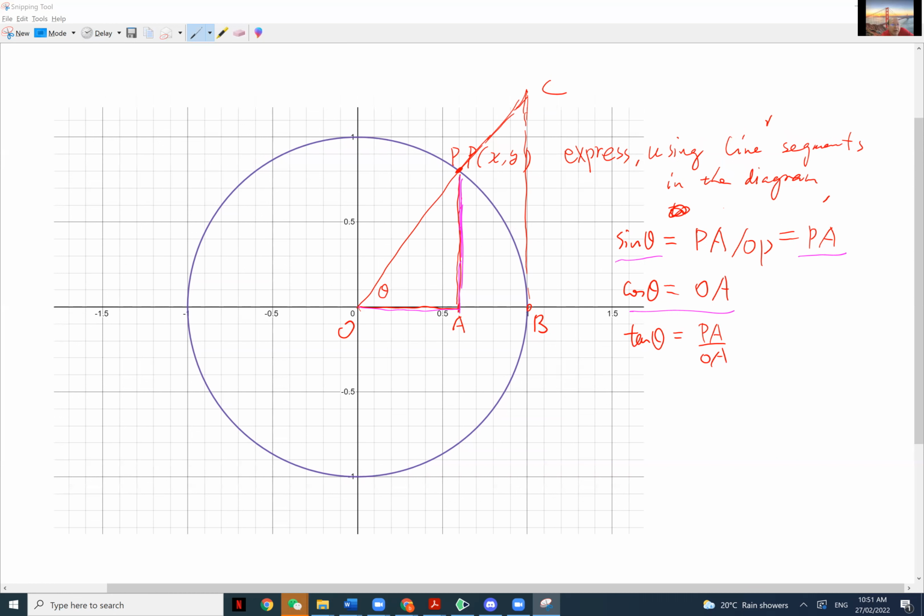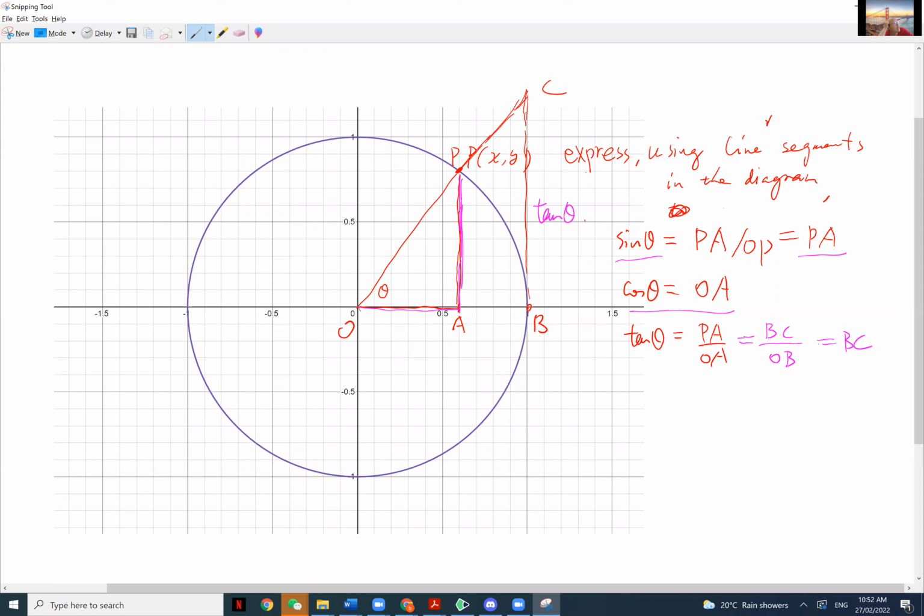You can do PA over OA, or you can do BC over OB. OB is just 1, so just BC. So that's tan theta here. Okay.